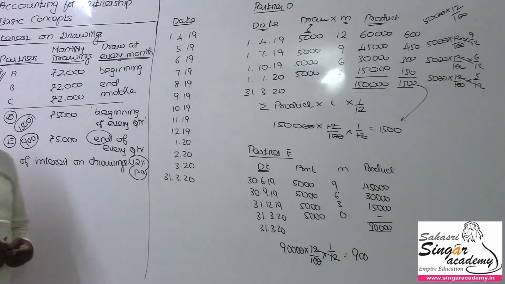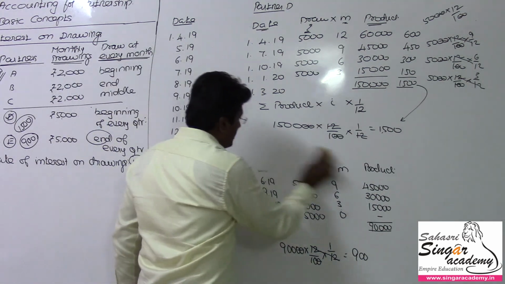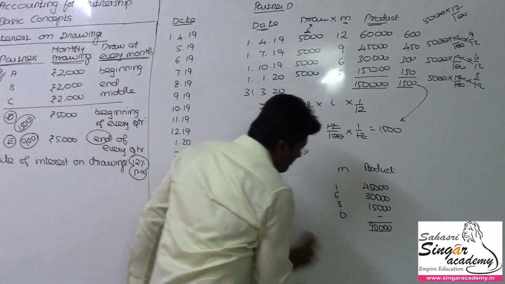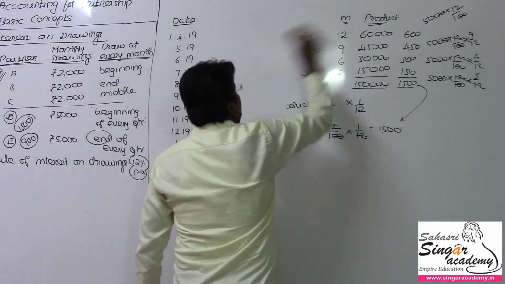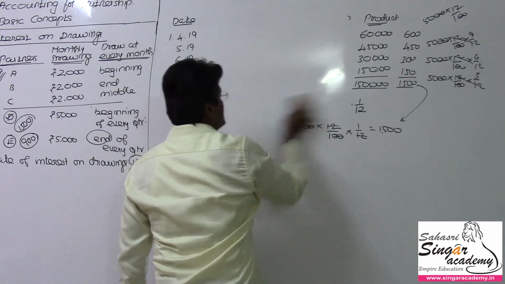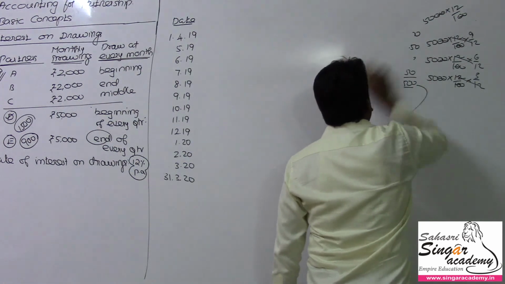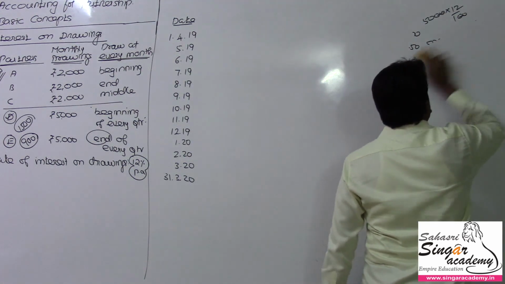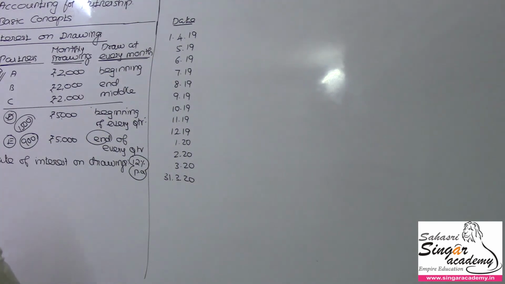Now I am going to calculate for A's case. In the case of A, he draws rupees 2000 every month beginning. So rather than every quarter beginning, he draws every month beginning. We are repeating the same process that we used for D. So A draws 2000 every month beginning.